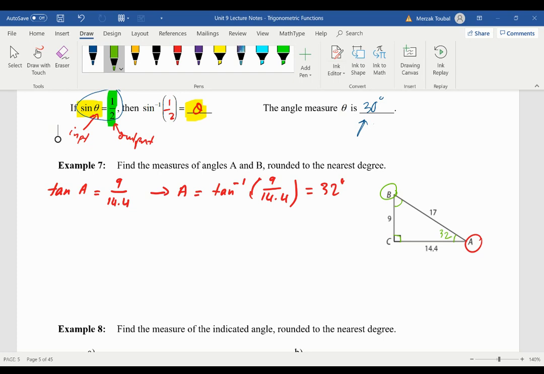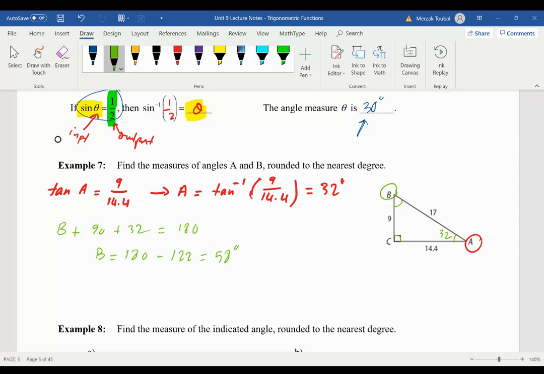So if we write B plus 90 plus 32 equals 180, then B will be 180 minus 122, which is 58 degrees.